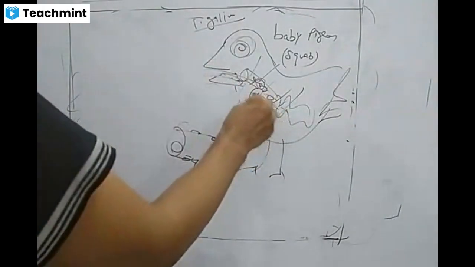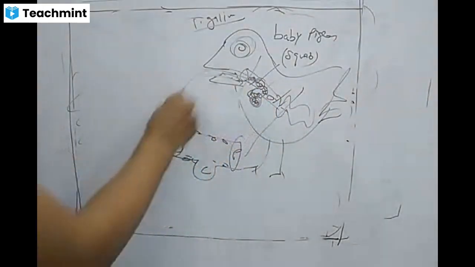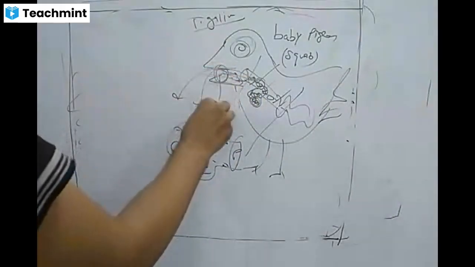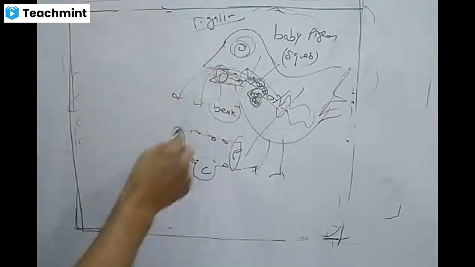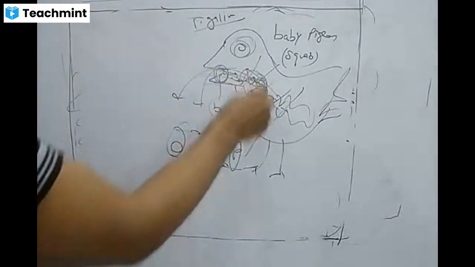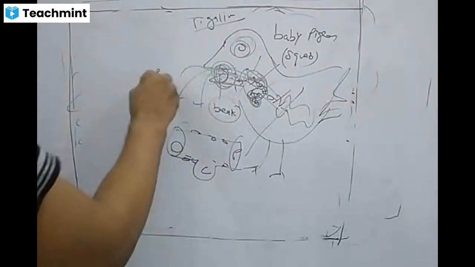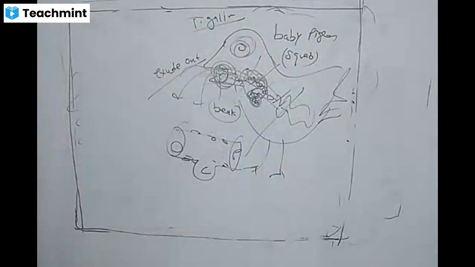Because of that, fluid accumulates in the crop and that comes out or may be present at the mouth, at the beak region. So greenish fluid accumulates and may be found at the area of the beak and may also exude out. So this is the story of Trichomonas gallinae.